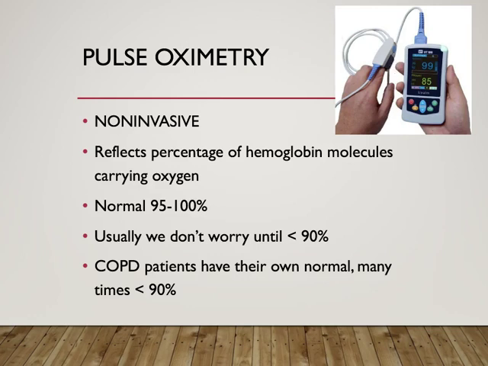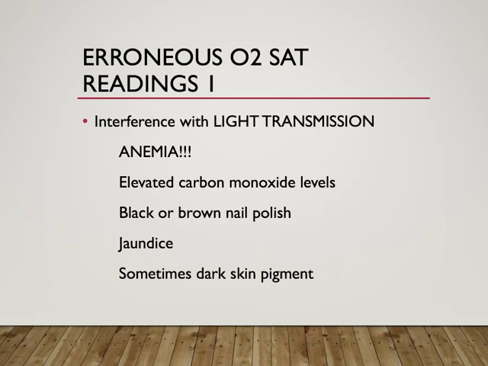Now you get erroneous readings sometimes with interference with light transmission, such as when you have anemia. I want you to remember this, if there's nothing else you remember. Anemia, or low hemoglobin, low red blood cells, causes a false reading because when you put that little machine on the tip of your finger, it reads 100%, let's say, of the oxygen affixed to that hemoglobin because there are so few hemoglobin molecules.